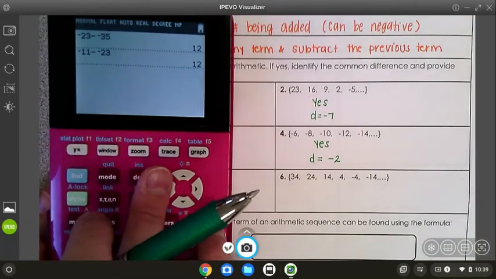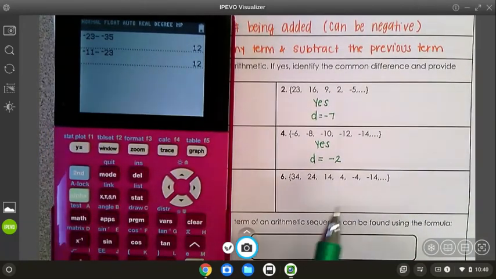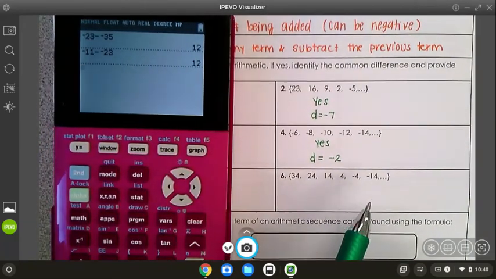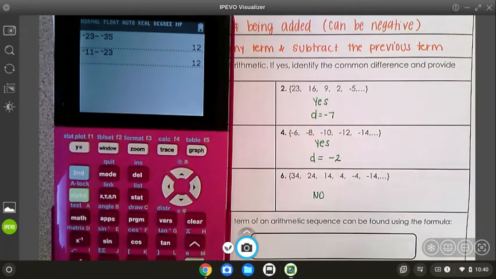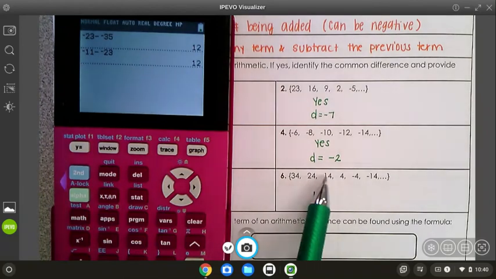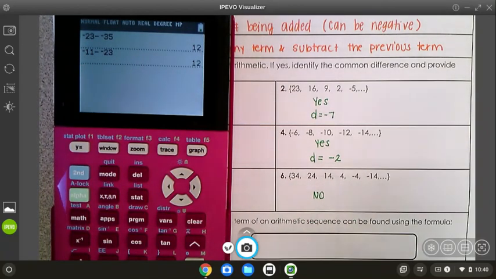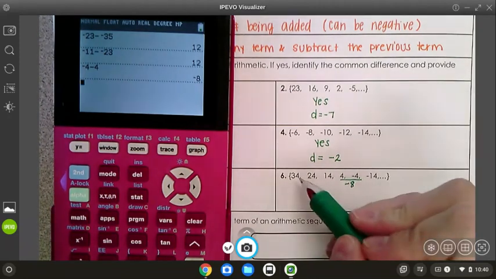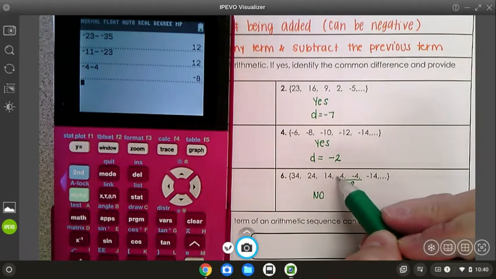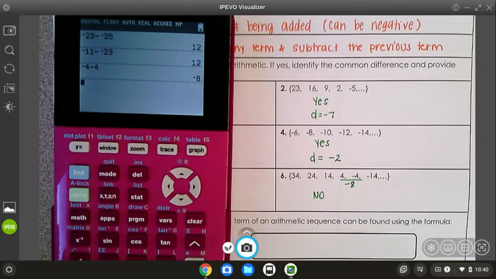Number 6, I bet you said yes, negative 10. But this was a trick one. It is no. If I check almost all of them, I'm going to get negative 10, except right here. Negative 4 minus 4 is negative 8. So they would all be minus 10 except right here. That's why it's important that you check all of the numbers.